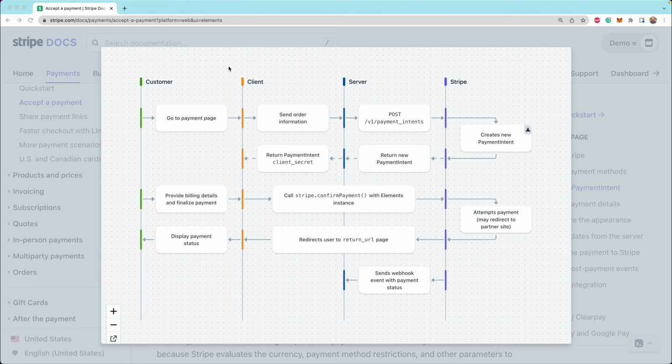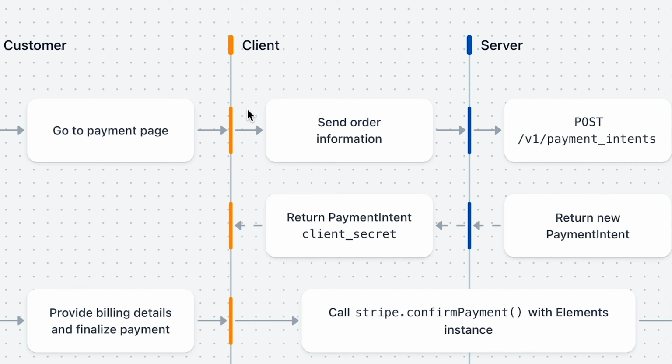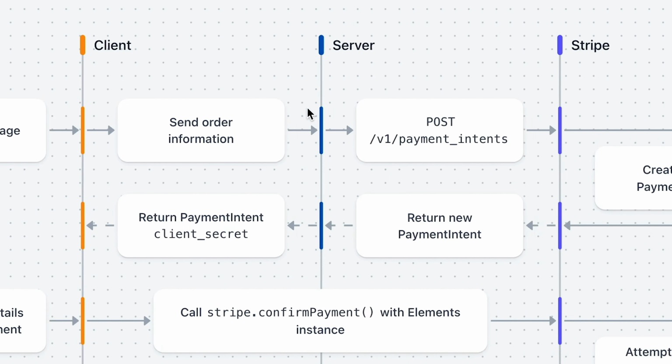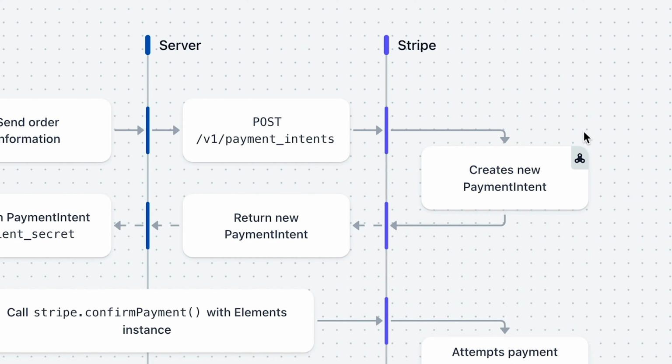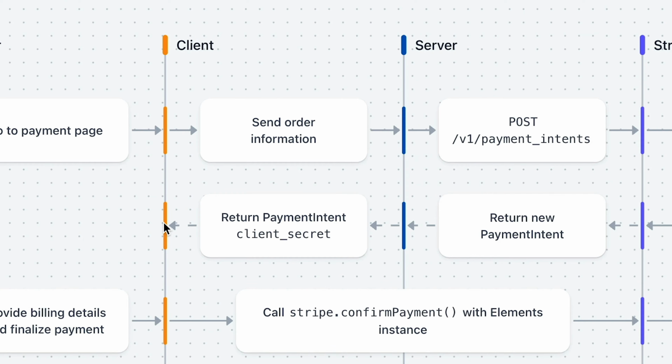Here's a high-level overview of the flow we're going to build today. Customers are going to land on the page, and we're going to make an AJAX request back to our server where we're going to make an API call to Stripe to create a payment intent. And that payment intent's client secret is going to be used back on the client in order to render the payment element.